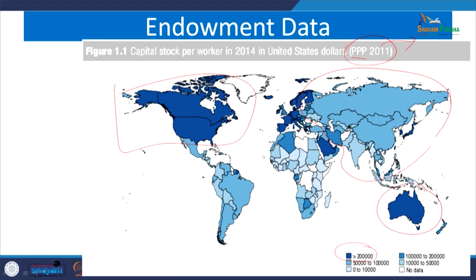Similarly, another country, even a continent, Australia, also has huge capital stock. Certain European countries also have higher capital stock as compared to other countries. So, that is the latest figure, and accordingly we can project some forms of export or import of the respective resources.